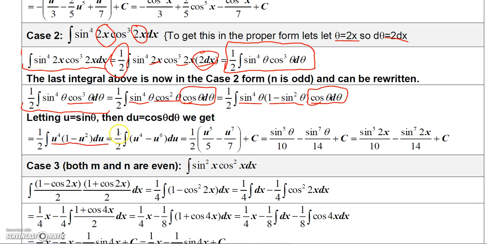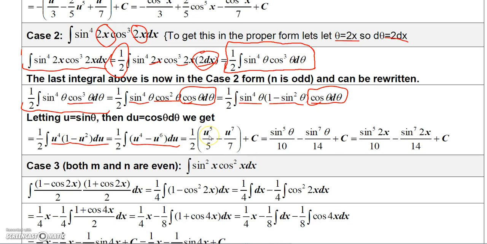Then I distribute the u to the 4th through, so I get 1/2 the integral of u to the 4th minus u to the 6th du, and then just apply the power rule to each of these terms, and I get u to the 5th over 5 minus u to the 7th over 7 times 1/2. And when I multiply each of these by 1/2, the denominators will double, so the first term will be over 10 and the second term will be over 14.